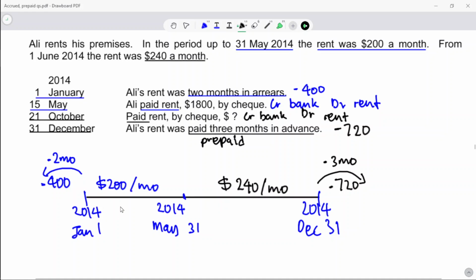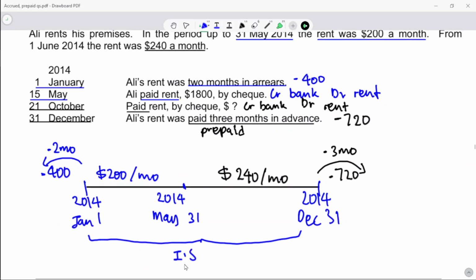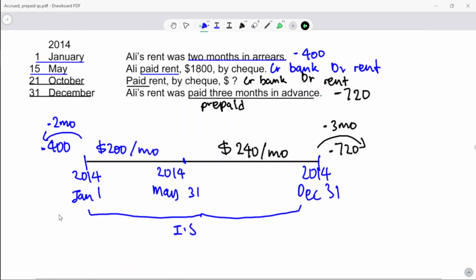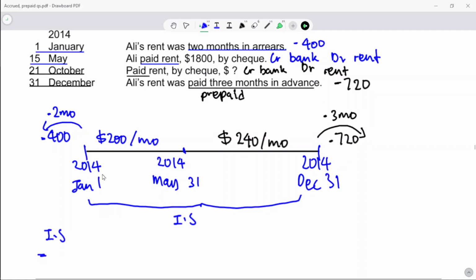Then here's the thing, the entire thing is income statement, right? Okay, so let's find the income statement. From here to here, I think is 5 months. From here to here will be 7 months.